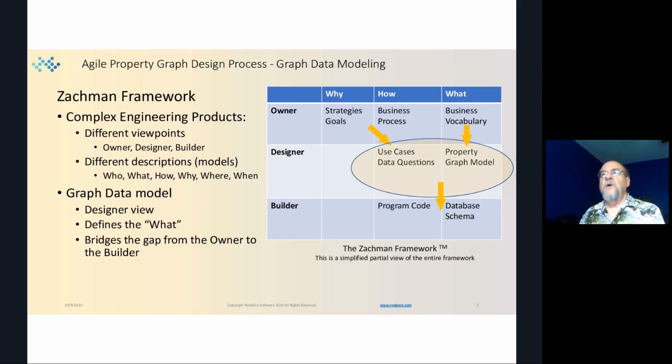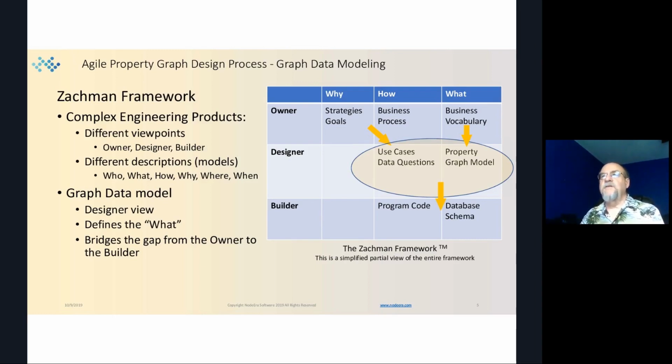One is that his observation was that the design process really takes place in layers, and these layers are different viewpoints. I've simplified his model here, but there's an owner layer, a designer layer, and a builder layer. We create a design for the owner, but it's very high level.